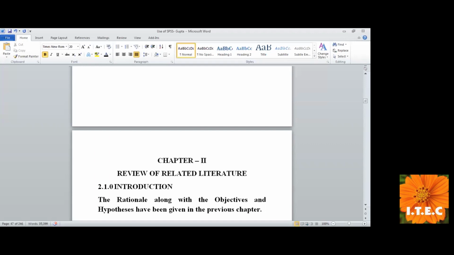So I say rationale, I have written. The objectives I have written. The hypothesis I have written.